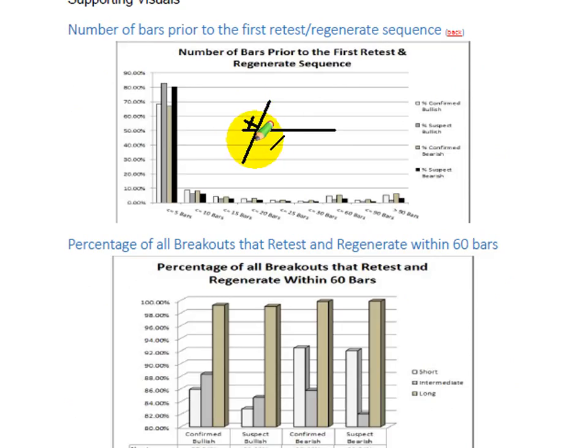And in some cases, that works. And matter of fact, if you look at the statistics about how often it works, in a confirmed bullish case, you certainly have the better opportunity, or in a confirmed bearish case. In other words, volume expands on the breakout compared to the other case where volume is less on the breakout.